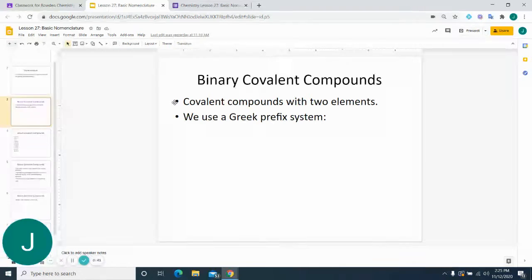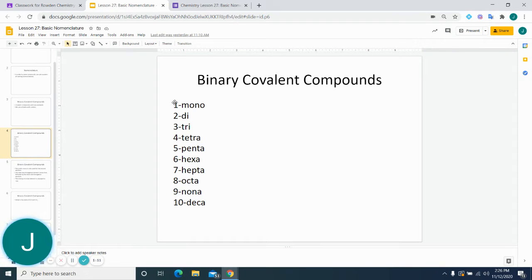So first off, for covalent compounds, I should remind you that a covalent compound is what you get when you have a nonmetal bonded to a nonmetal. So both elements are going to have a negative charge, and because of that, they don't balance out. So instead of knowing how many of each you have due to them balancing, you need to use this to figure it out.